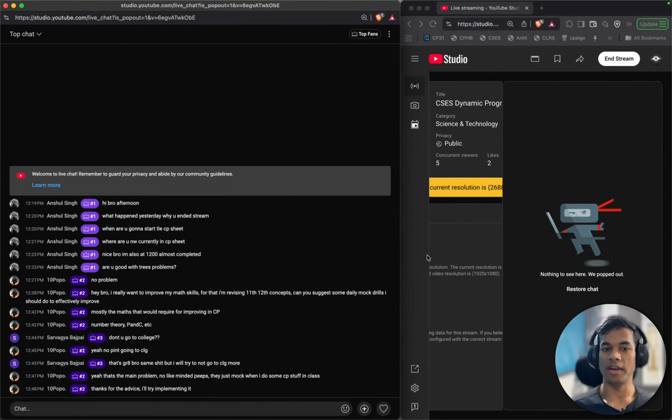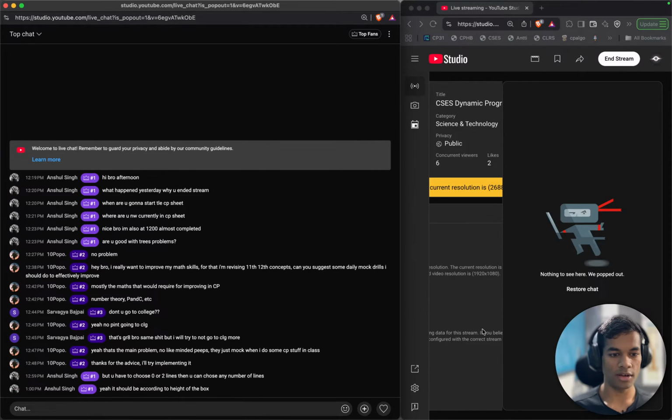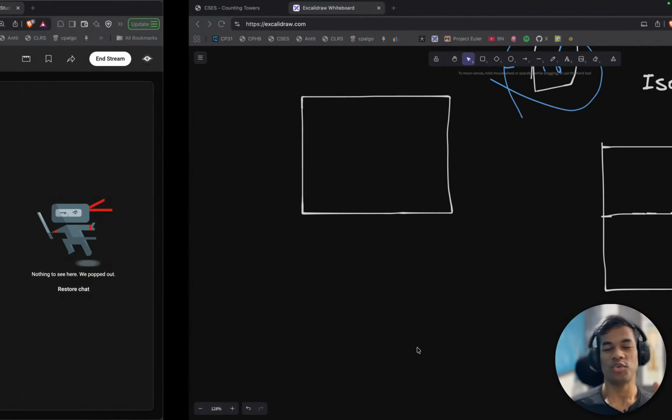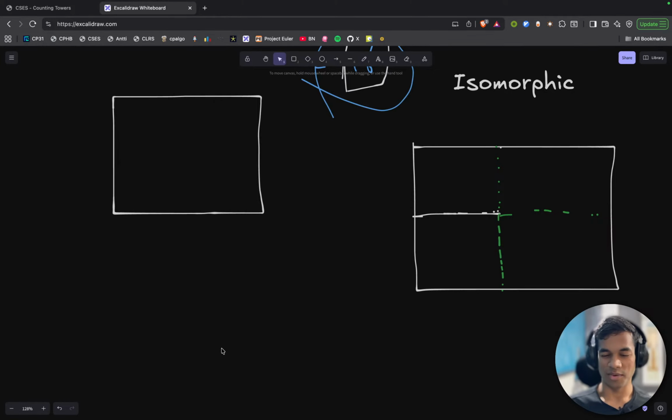And okay, now I do not care about how much time this is going to take. But you have to choose 0 or 2 lines in any number line. Yeah, it should be according to the height of the box. Okay, I should not have read it, but now I get it, kind of.